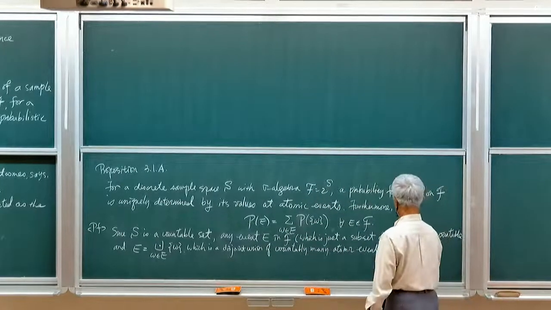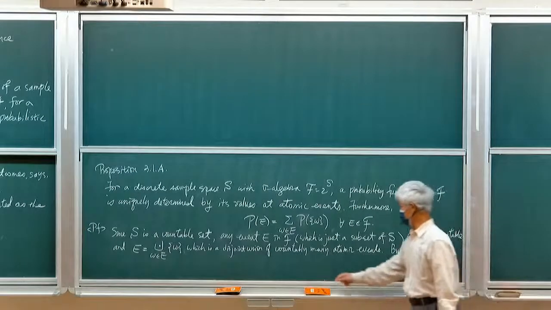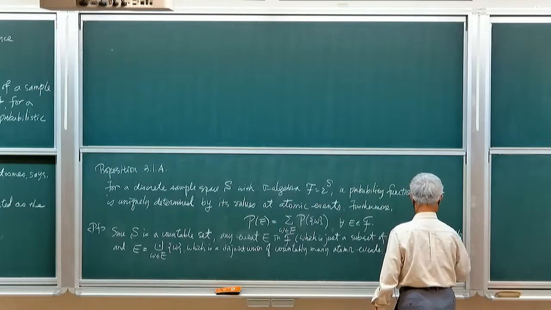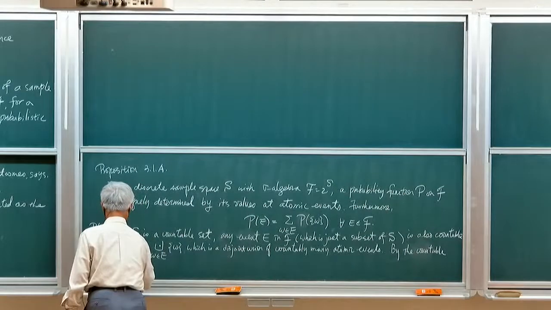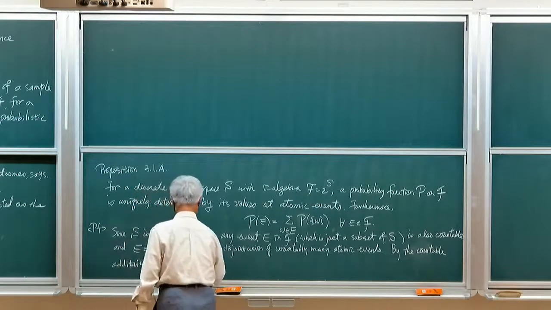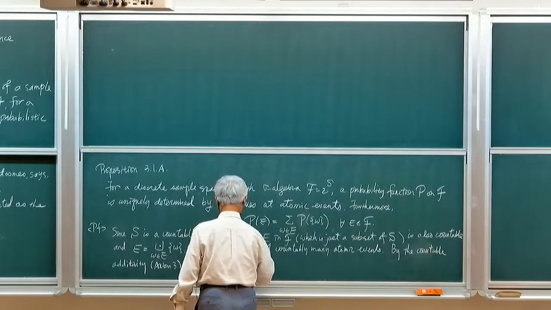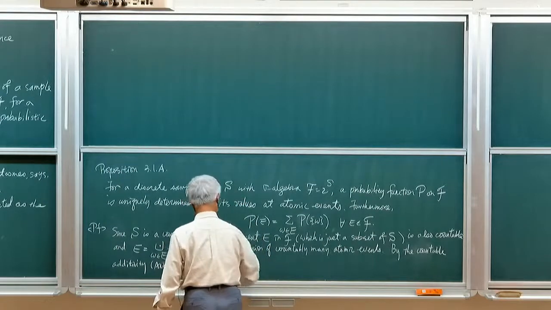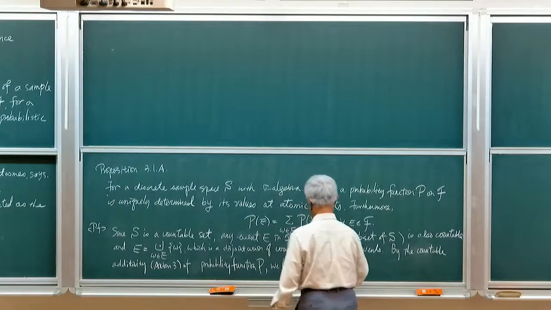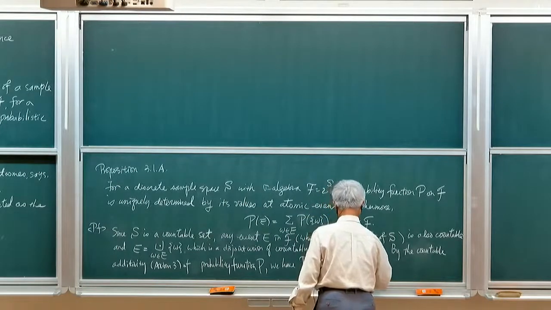Okay? Right? And so by axiom number 3, the countable additivity of a probability function P, we have the probability of E is equal to the sum of the probabilities of the atomic events.